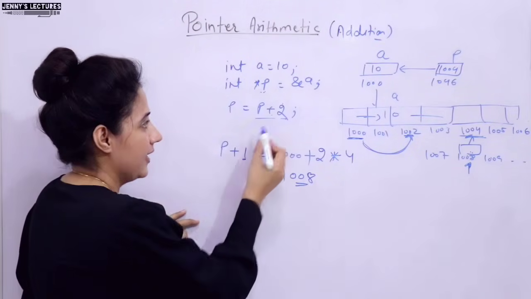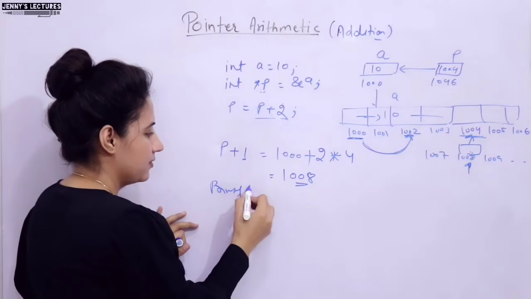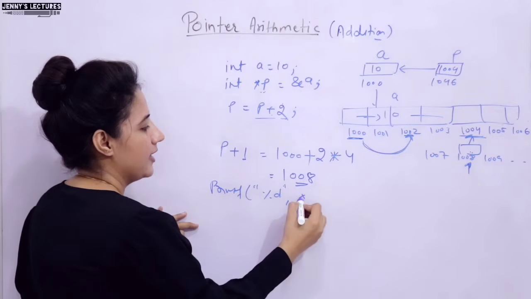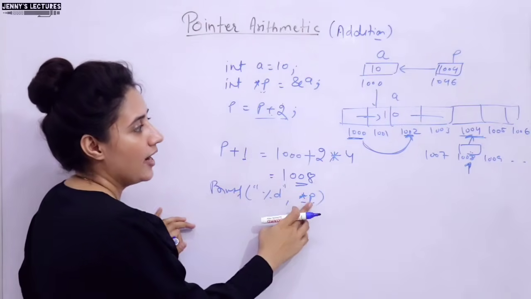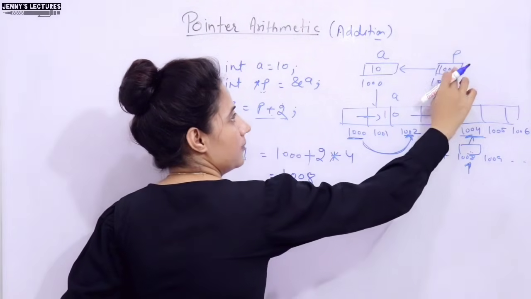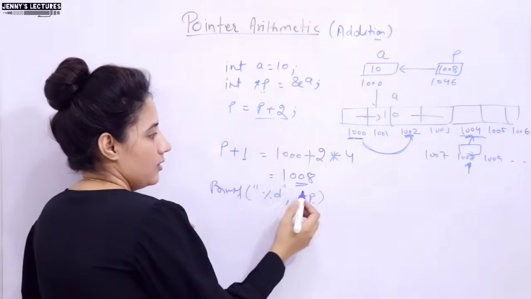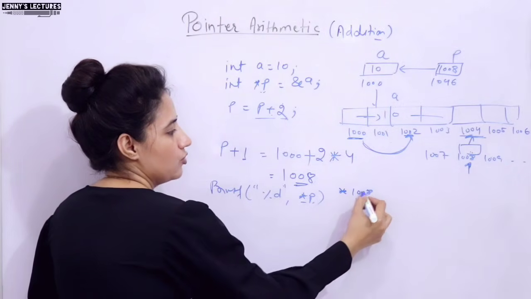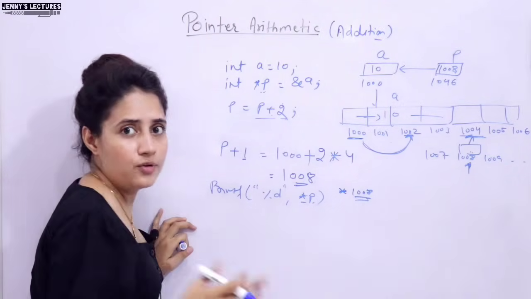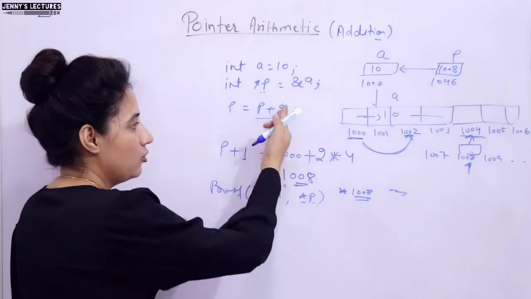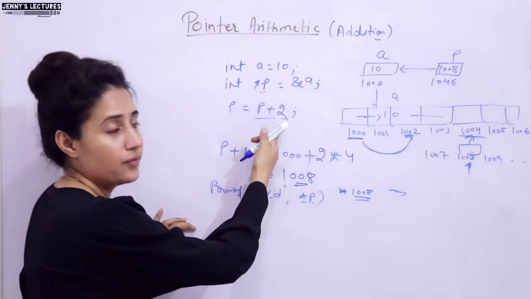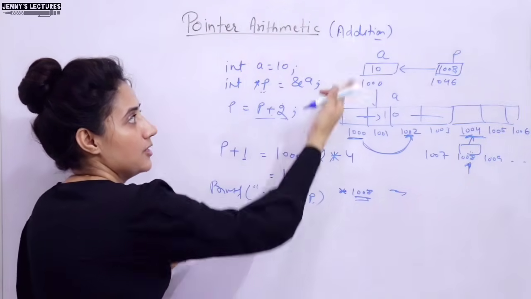So if you print printf %d and asterisk p, meaning indirection operator, value at p. Now in p we have 1008 because we have added 2 here. So asterisk 1008, what is the value at 1008? We don't know, so it will print any garbage value.